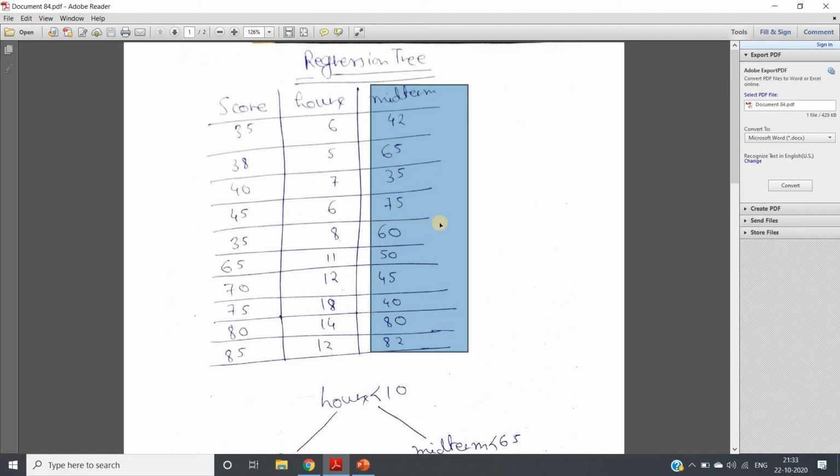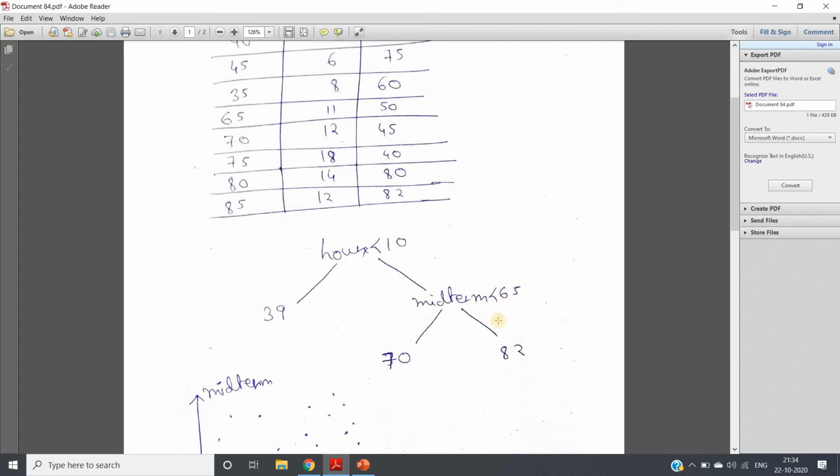Okay, now suppose you have used the dataset to create decision tree regression model in MATLAB using fitrtree, and after creating the model you have seen the tree, and after applying view you are getting suppose this kind of tree. So how is our model going to predict the final exam score based on total number of hours studied and midterm score?